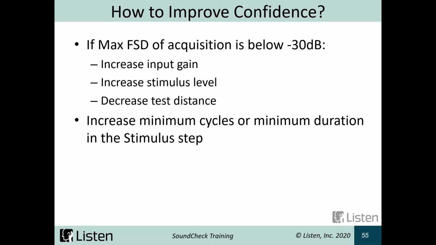I want to be as short as possible, but I want to make sure that the data I'm getting isn't too noisy, is actually accurate. And one way to really help this is using this measurement confidence. You could enable these, change your minimum cycles and minimum duration around, create compound stimuli with different minimum cycles and minimum durations in different areas until you've reached a balance of speed versus accuracy.